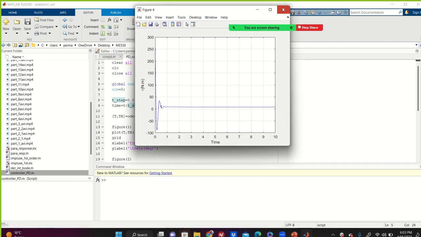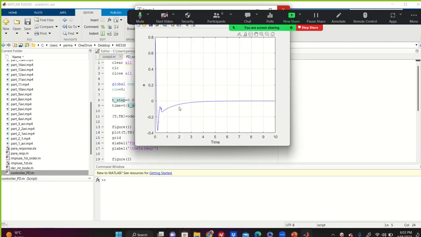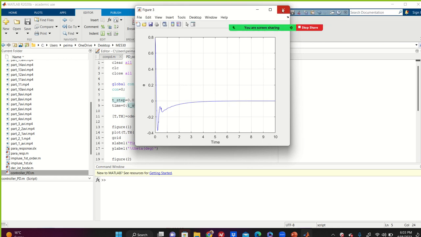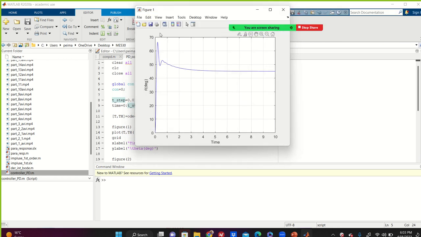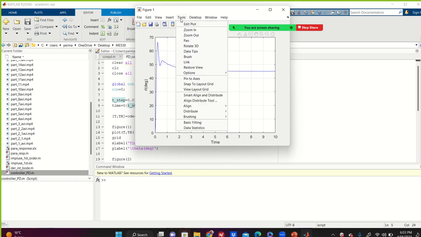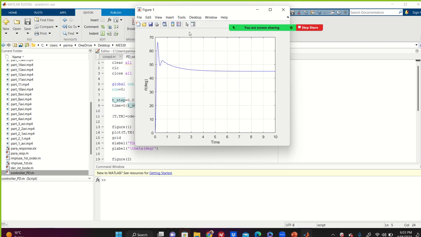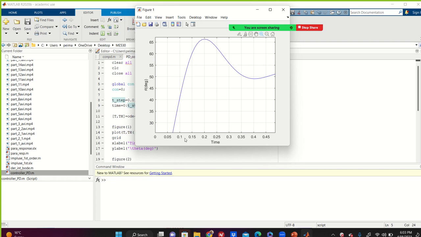You get error signal to 0, but much slower, and see what happens. Peak time is the same, but this may be different. See what I'm saying? Okay.